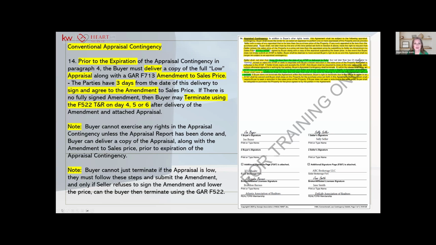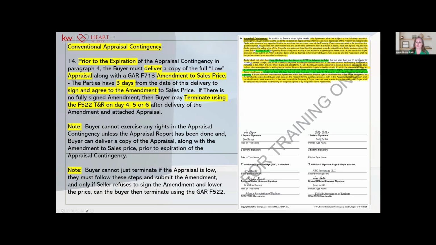And at the end of that 3rd day, either you have a fully executed amendment, even if it got negotiated back and forth and you landed on a different price, you either have a fully executed F713 amendment to sales price, or you don't. If you don't, then the buyer has the following 3 days, day 4, 5, and 6, Friday, Saturday, and Sunday, because weekends and holidays count, to terminate using the F522 TNR for the reason of the low appraisal.